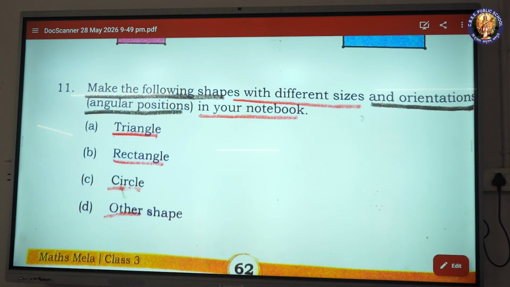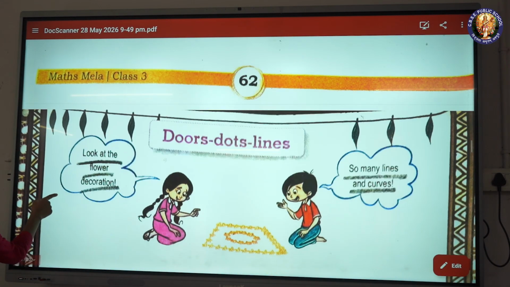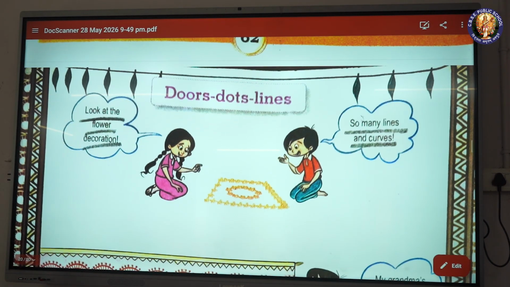Make the following shapes with different sizes and orientations in your notebook. A. Triangle. B. Rectangle. C. Circle. D. Other shape.